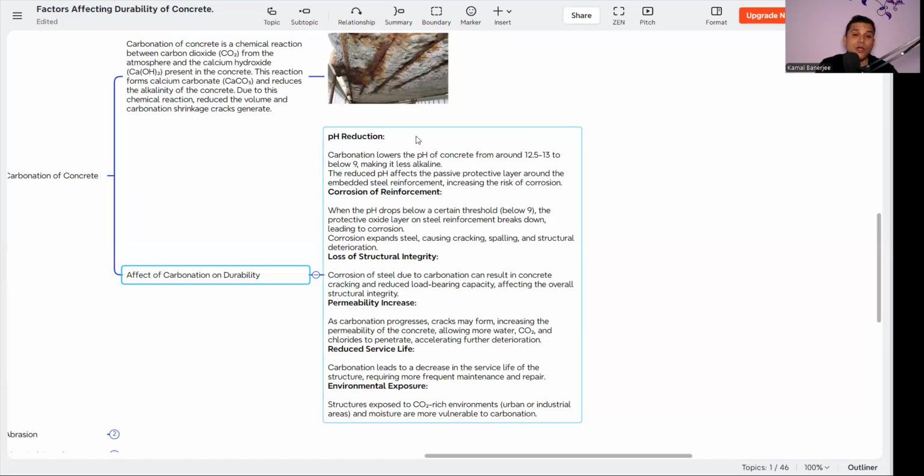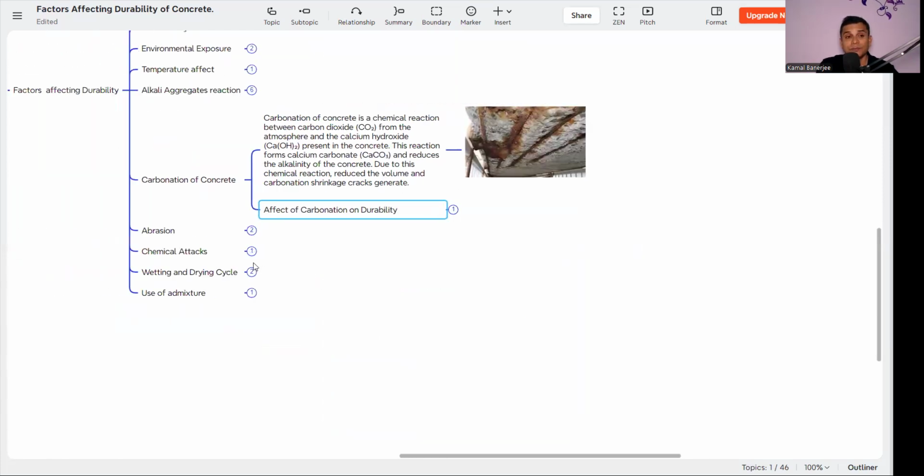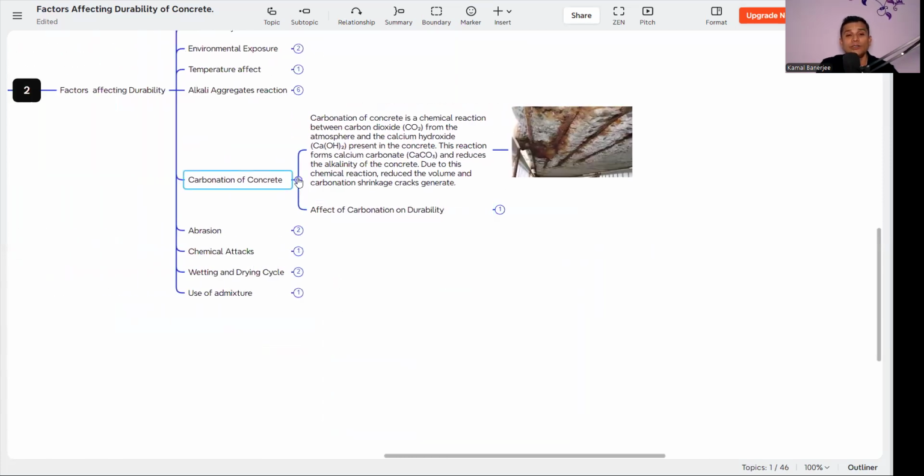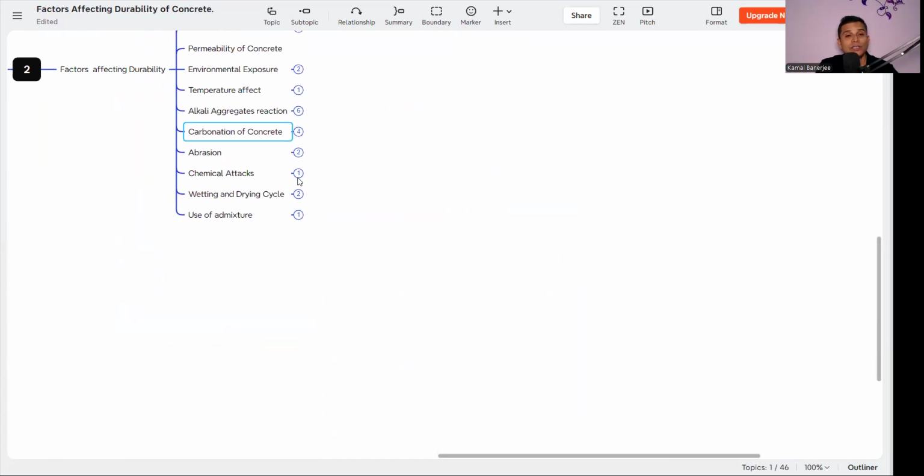Another thing happens when the pH is reduced to 9: algae start forming on the concrete surface, and different types of vegetation can also start growing. If vegetation starts, it increases moisture retention and the durability deteriorates again. So the lifespan or durability of the concrete reduces. So carbonation also has a detrimental effect on the concrete.